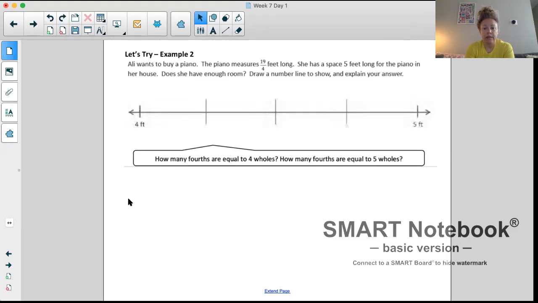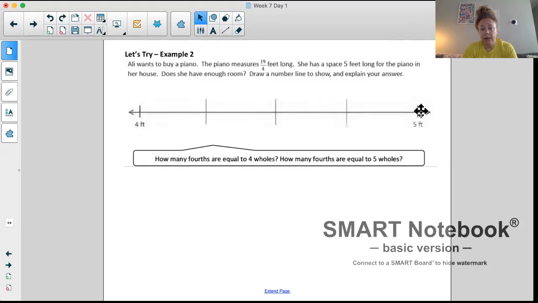So they've already given us the number line. We don't have to draw our number line, and we also don't have to label our endpoints. Those have been done for us. So I see 4 feet here and 5 feet here. It's also already been partitioned into fourths. 1, 2, 3, 4. How many fourths are equal to 4 wholes?